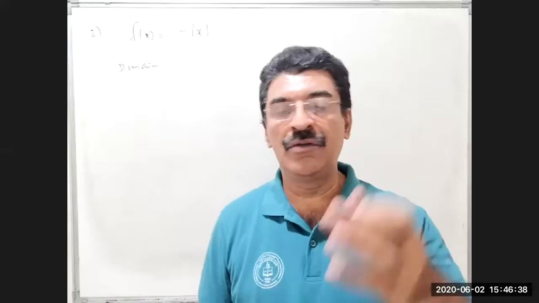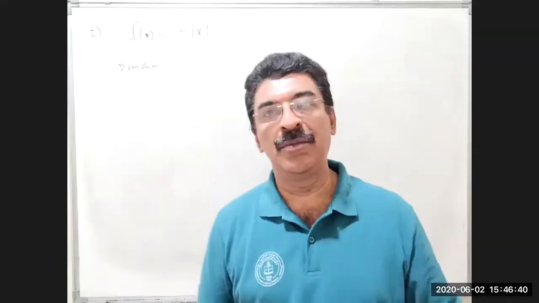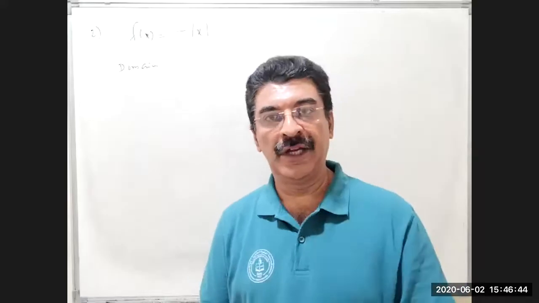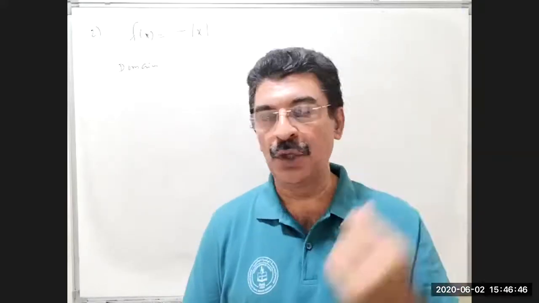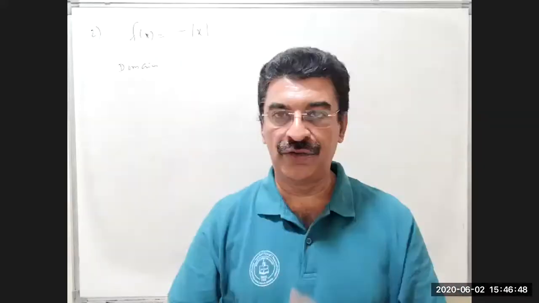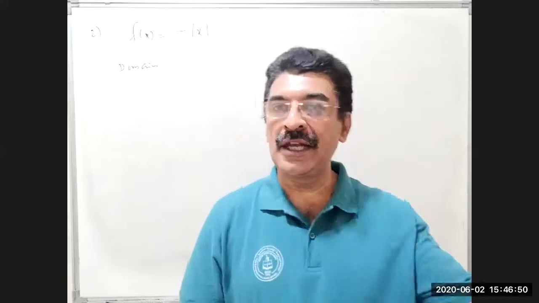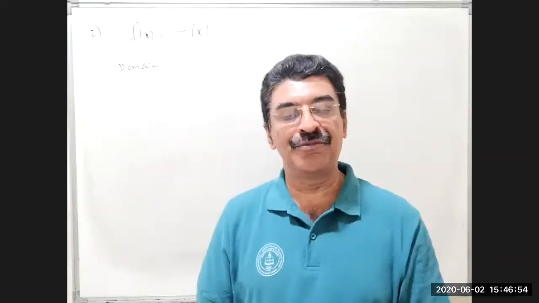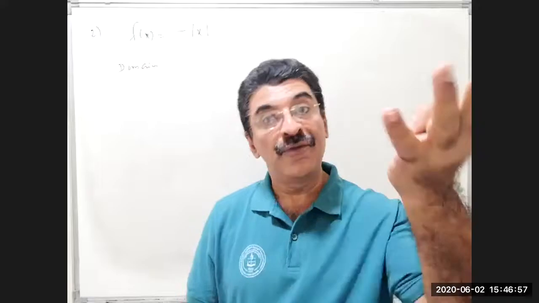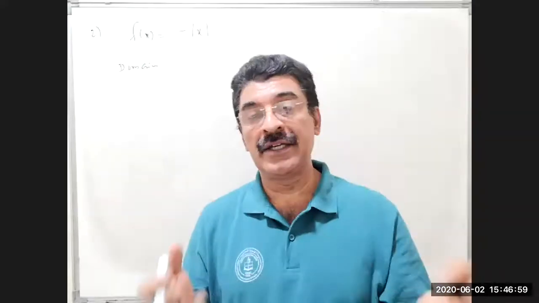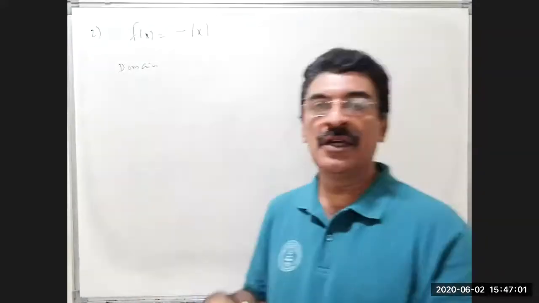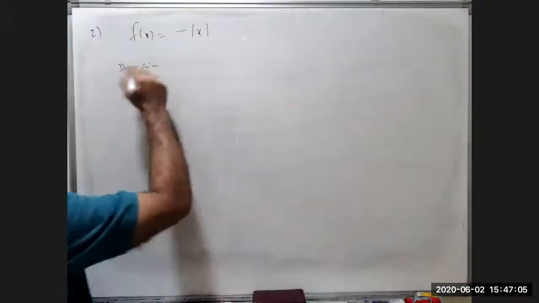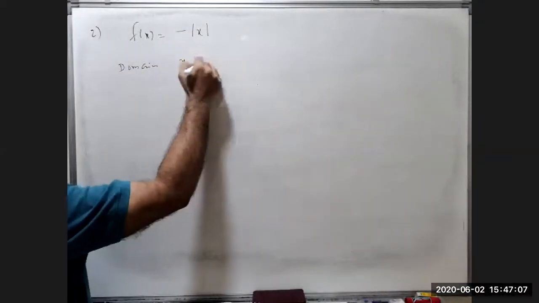All positive numbers. x can be any positive number, because we can write the modulus of a positive number. x can be 0. Modulus of 0 also we can write. x can be negative. Modulus of -5 we write as 5. Possible. Fraction, rational, irrational, whatever it may be, x can be any real number. So just by observing we can make it out. Domain: x belongs to real numbers.